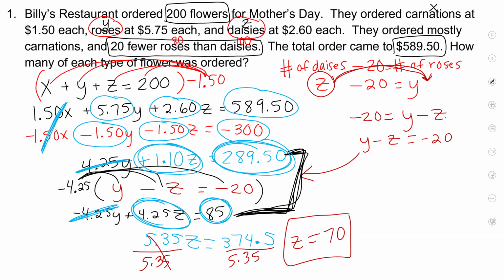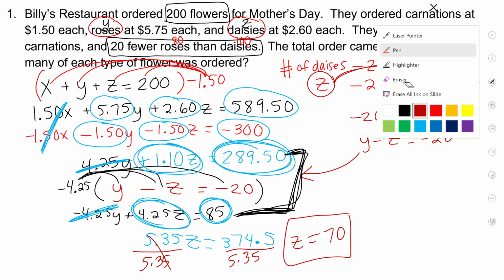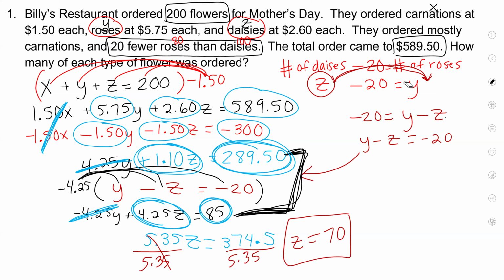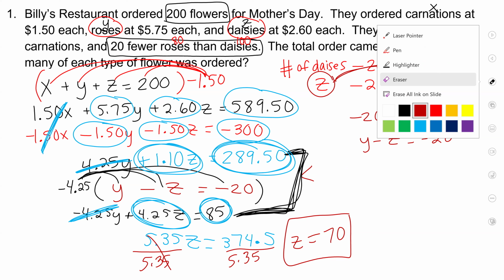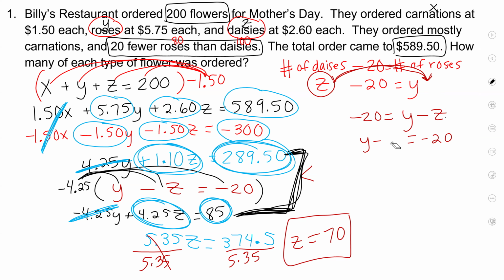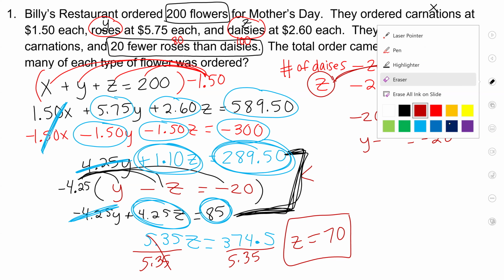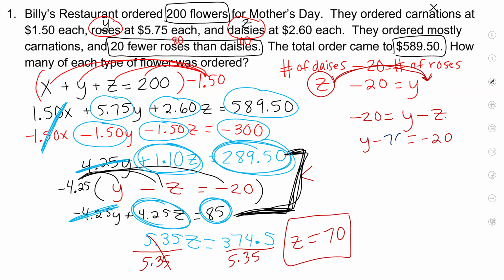Okay, which equation do you guys want me to use to figure out y? This one? Perfect. Let's do this equation right here. So guys, look. I'm going to erase this z, and what do I put in its spot? 70. All right.